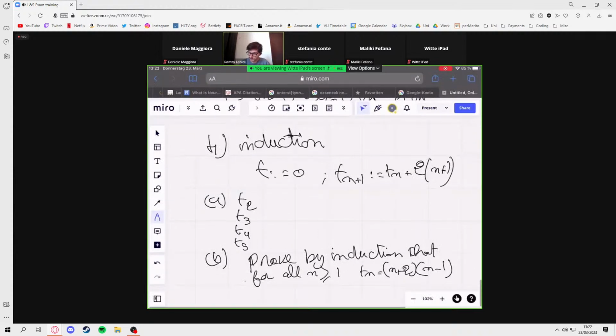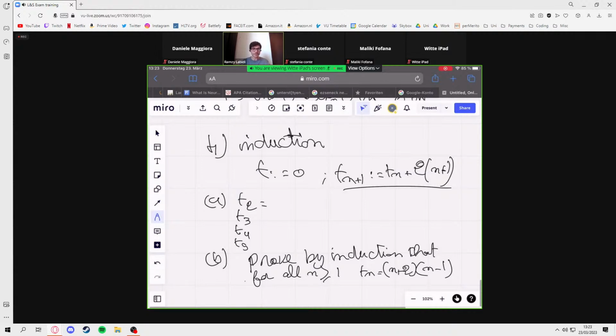This is our function, right? We have for each n, t(n+1) is equal to t(n) plus 2 to the power of 2 times (n plus 1). Well, first things first, we have two questions. The first question asks us to calculate the terms t2 up to t5.